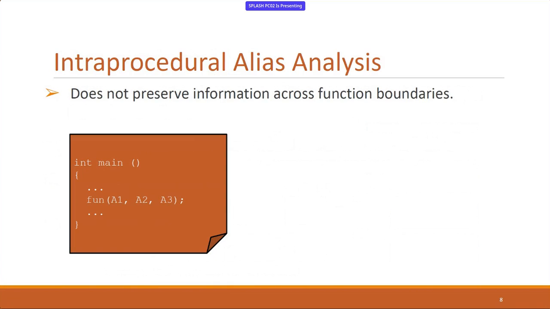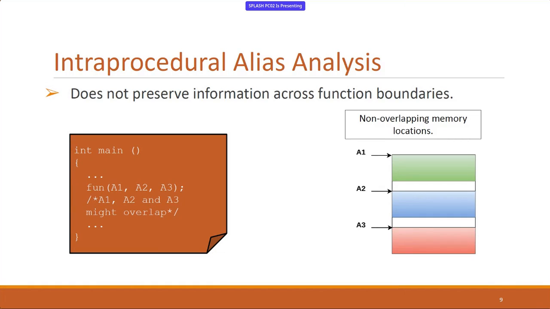So there are 2 ways in which alias analysis can be performed. First is intra-procedural alias analysis, which does not preserve the information across function boundaries. For example, when we consider this example, when we call function fun, 3 pointers are passed as arguments to this function.